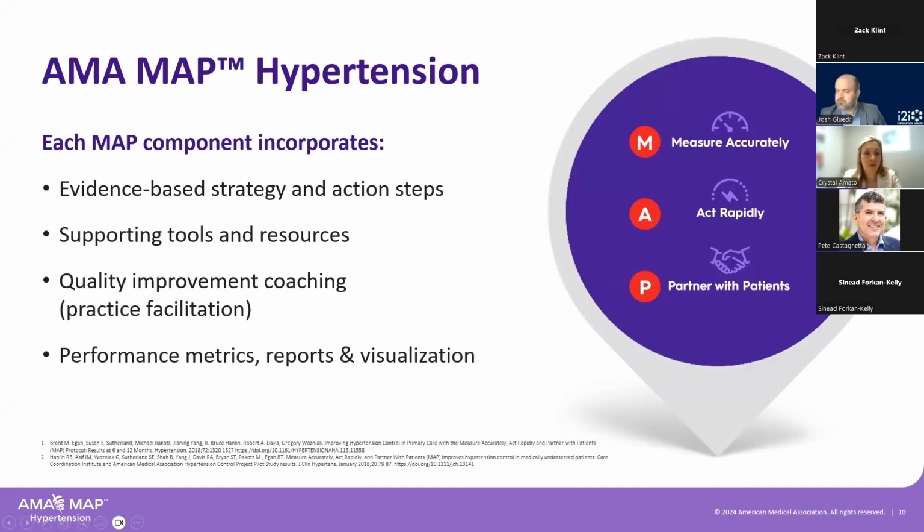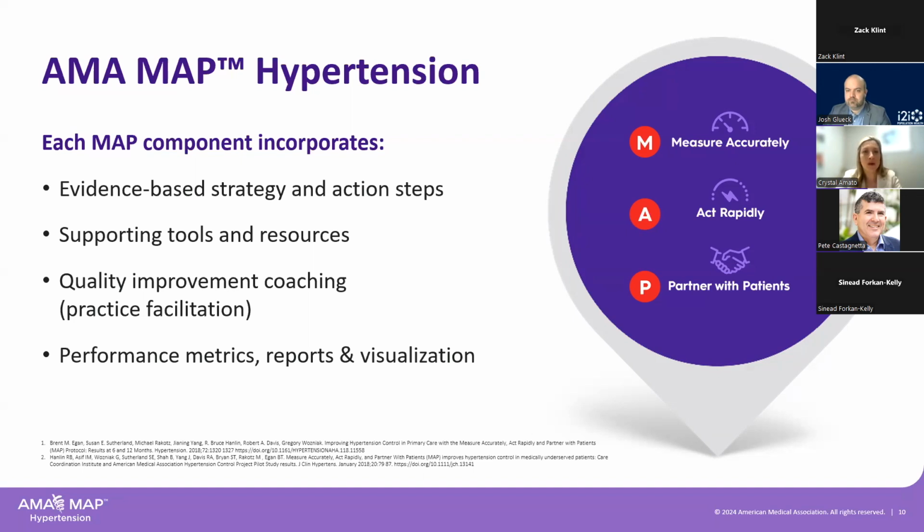The way that we've brought the MAP framework to life is through the AMA MAP Hypertension Program. We offer this program free of charge and work with organizations nationwide to implement this program to improve their blood pressure control. Each MAP hypertension component incorporates evidence-based strategy and action steps, supporting tools and resources that enable you to make these system changes, QI and clinical implementation led by AMA improvement specialists.